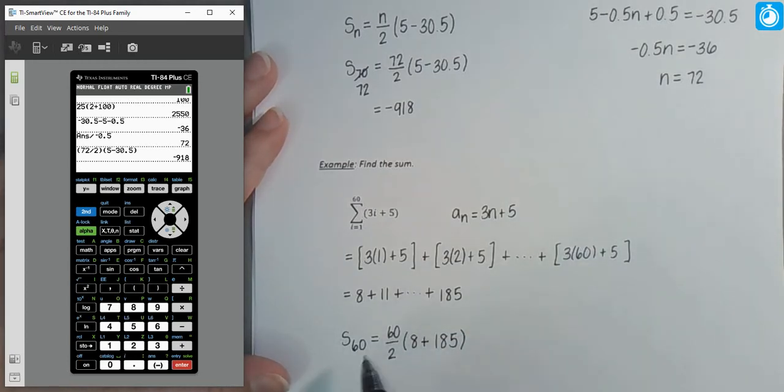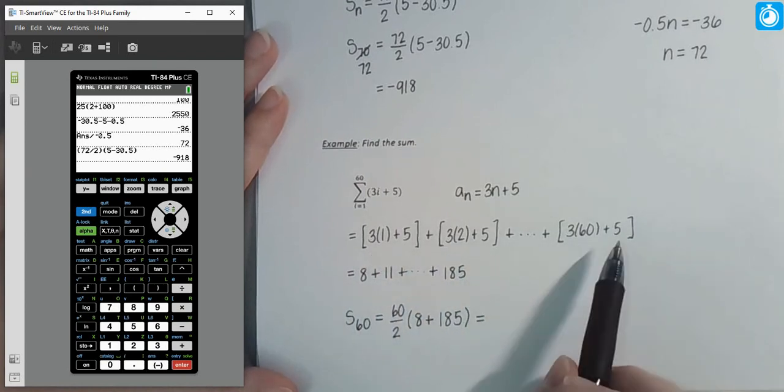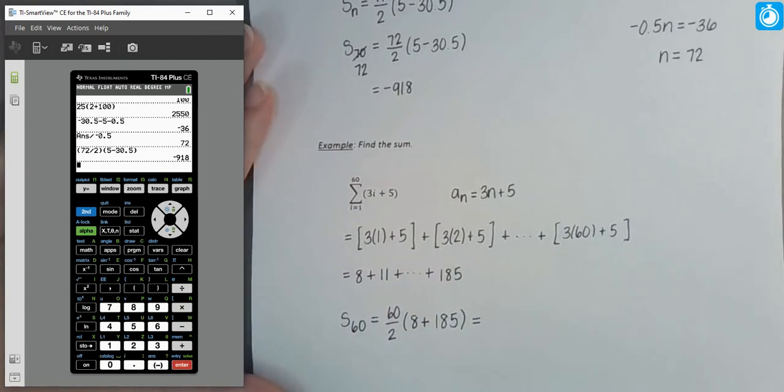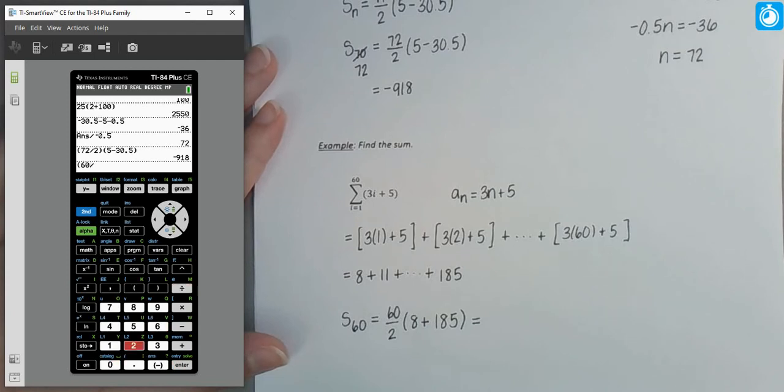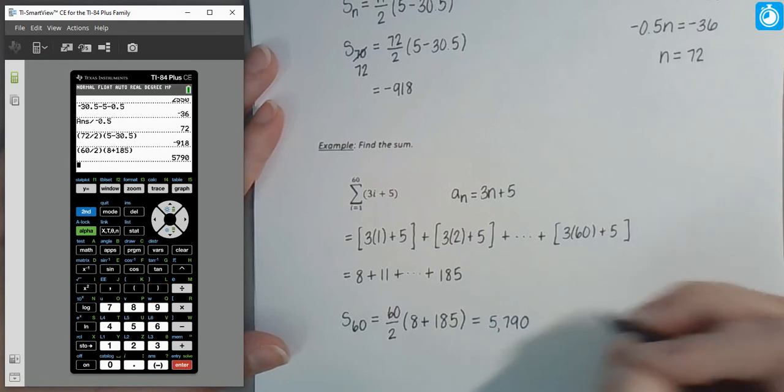And so if we simplify all of this down, that's going to give us our sum. And again, we expect a pretty big positive number because we're adding up increasingly large positive numbers. So 60 divided by 2 times 8 plus 185. And that's going to give us 5,790.